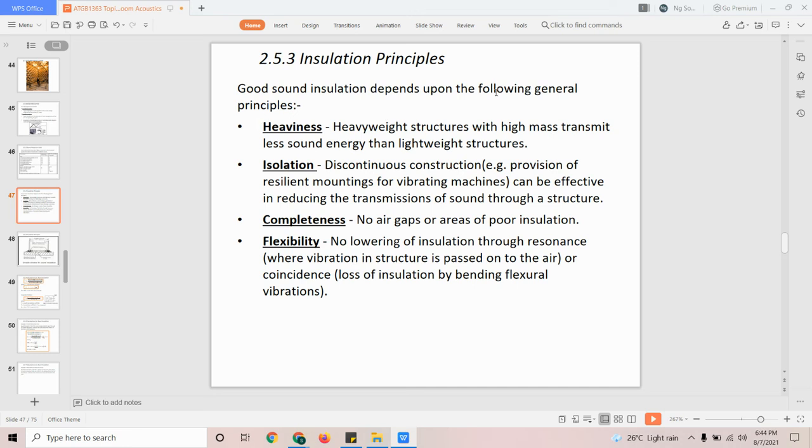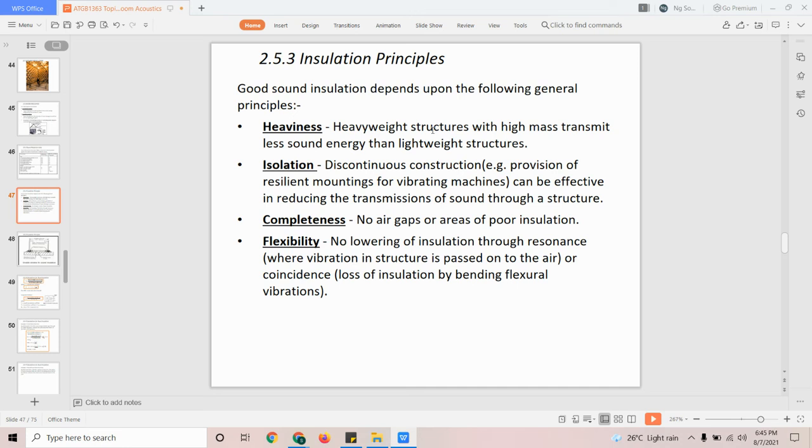So why do these factors explain it this way? Going back to the fundamentals of sound, we know that how sound is transmitted is all about movement of particles. So when you hit a heavy object, how does this sound energy get transferred to the other side? Sound is all movement in the air if it's airborne sound being generated.